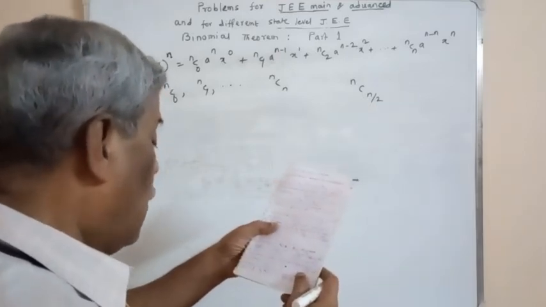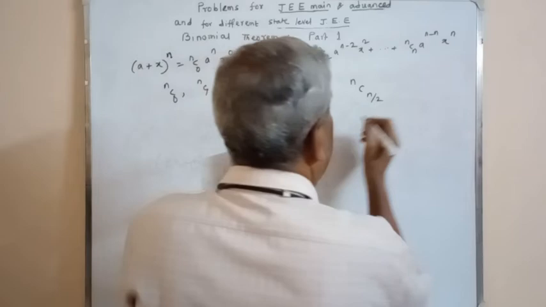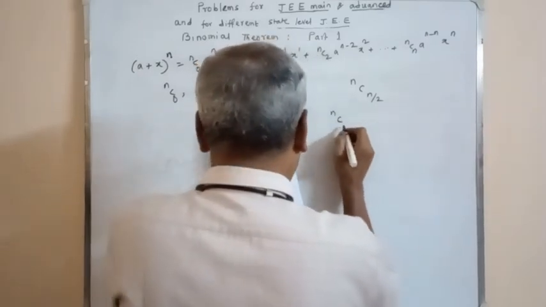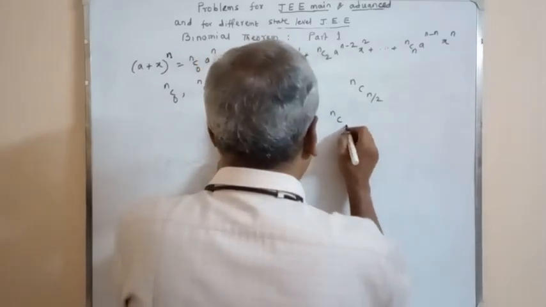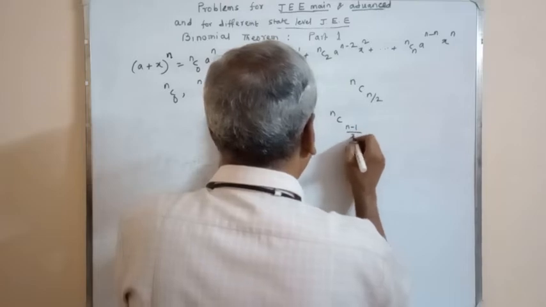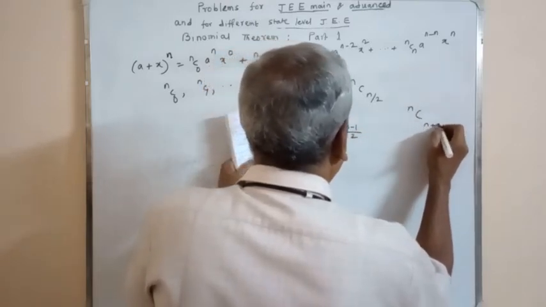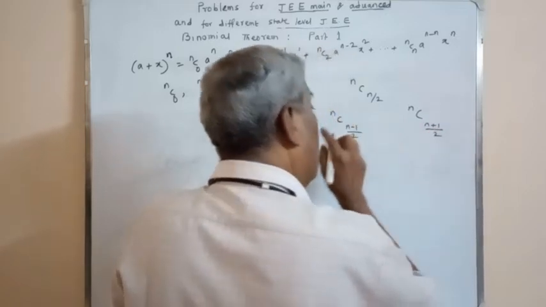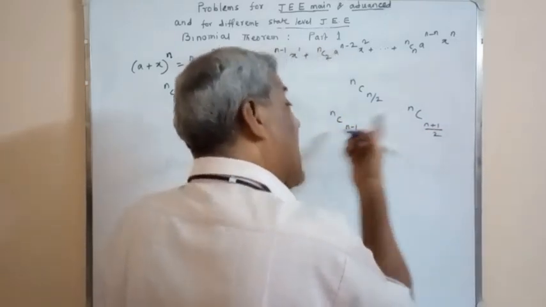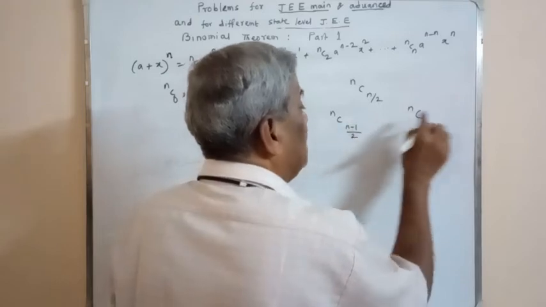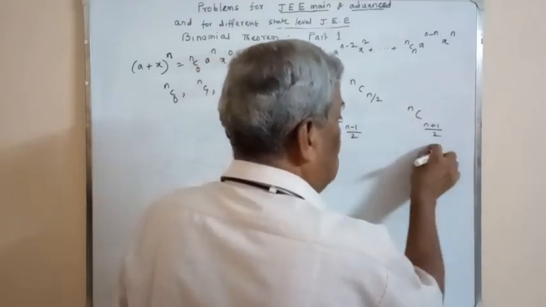If n is odd, then it is nC((n minus 1) by 2) and nC((n plus 1) by 2). The greatest will be this and that. In fact, in that case they are equal.